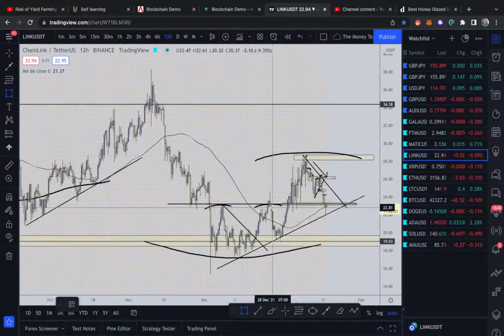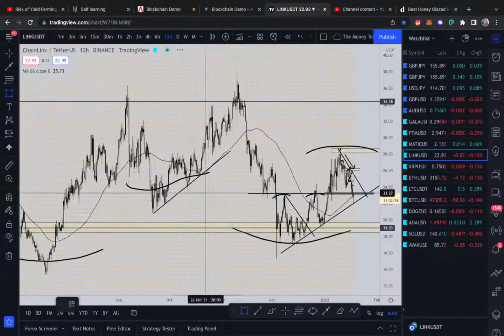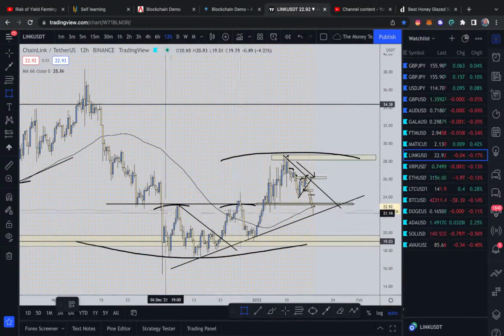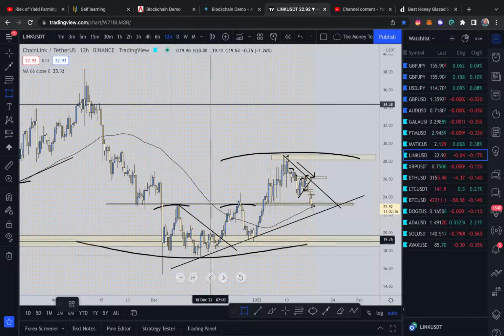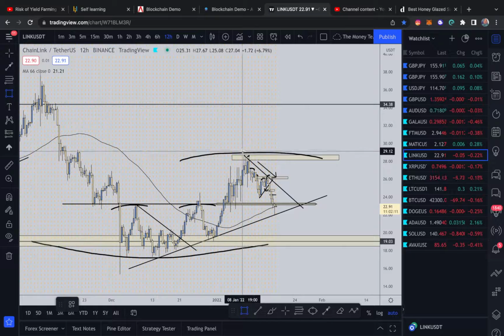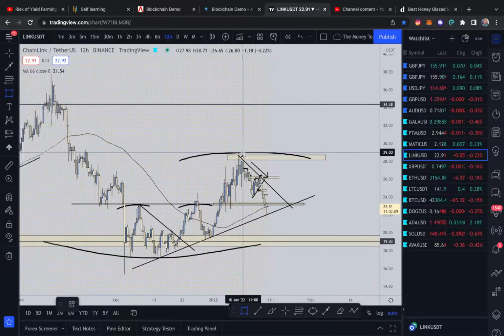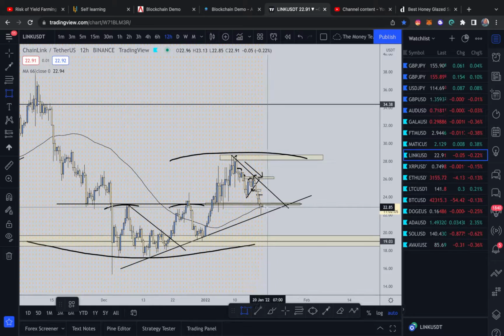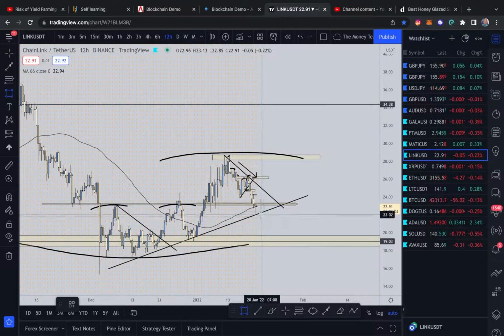Because what happened is, on the 12-hour, we've been in a downtrend, right? But we just recently broke above these two lower highs right here to the left. So we just put in a new higher high. To confirm the uptrend, we're looking for a higher low to form, right? And to do that, price has to find some support in this correction or counter trend that it's on right now.